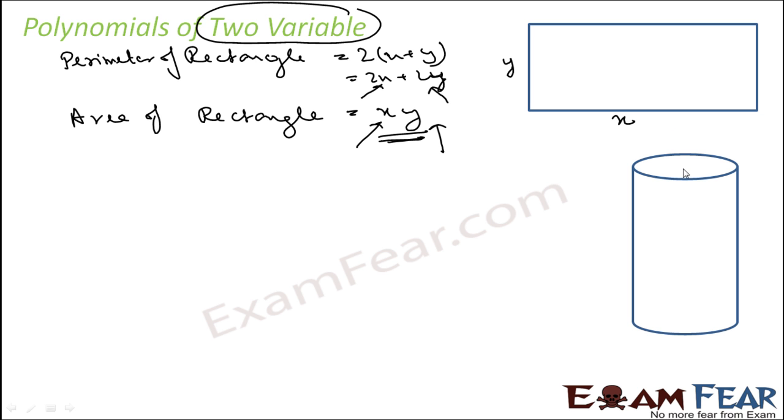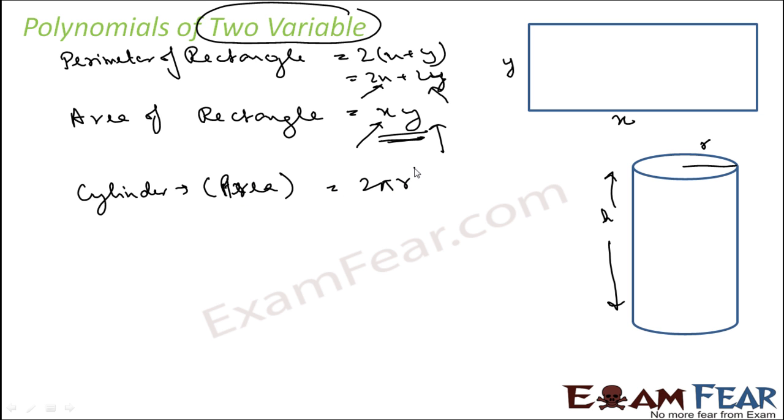Okay. Or let's take a cylinder where r is the radius and h is the height. So for this cylinder, if you want to find area, the area will be 2 pi r h.